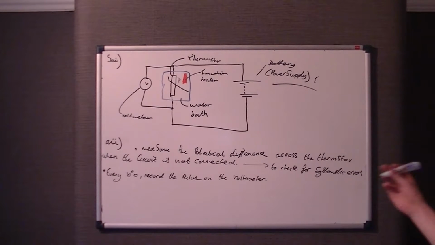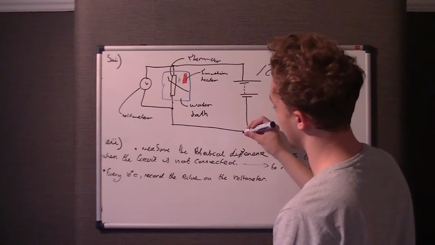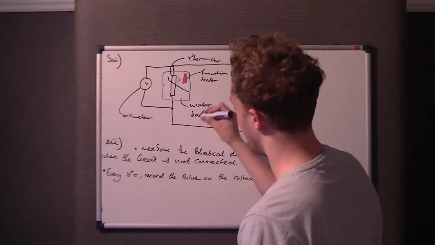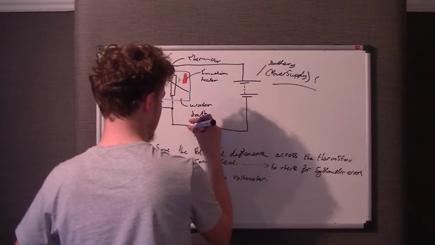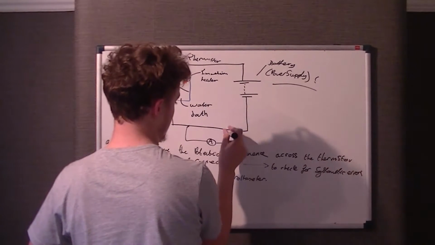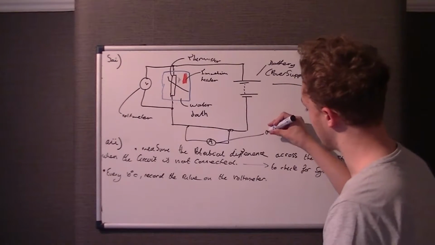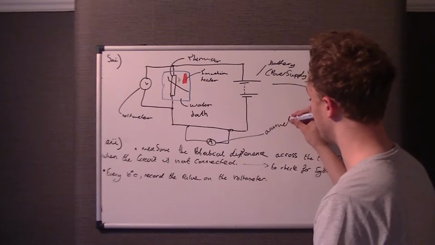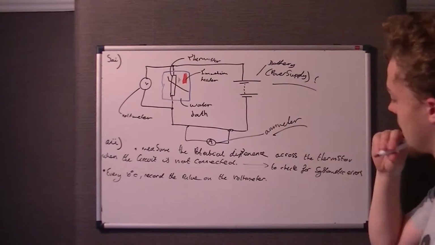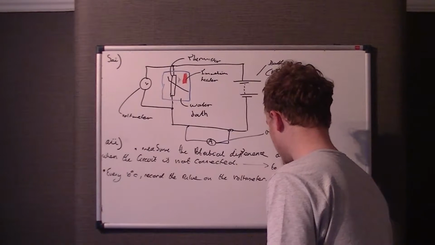Yeah, okay. So assuming you knew the current, you might put an ammeter in there as well. But as I said, it's totally up to you. Actually, I'm going to put an ammeter there as well. Okay, so I know I didn't do that before, but what are you going to do? Okay, put an ammeter there. So every 10 degrees, record the value on the voltmeter and the ammeter.